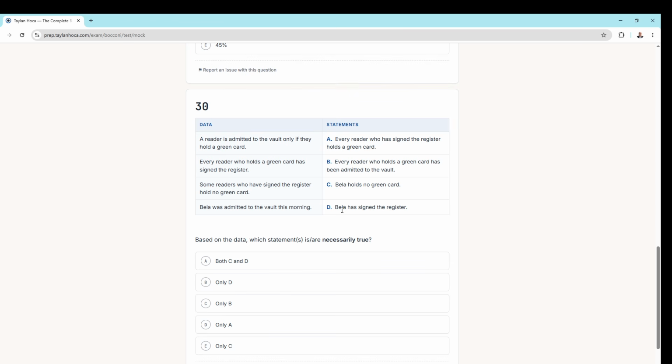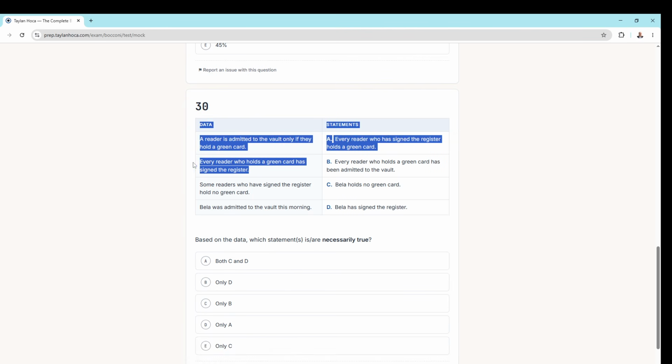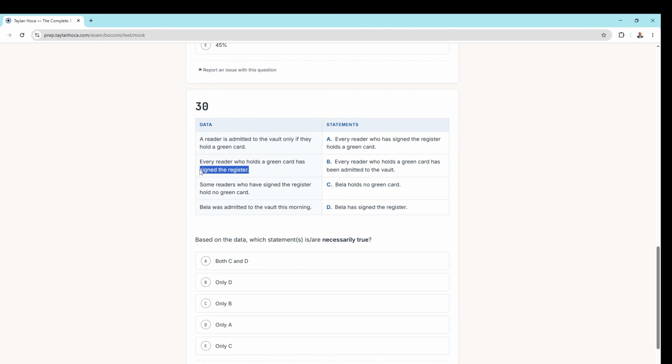Bella has signed the register. So every reader who holds a green card has signed the register. And Bella was admitted to the vault this morning. Okay. And then Bella has a green card. So Bella has signed the register. Only D. Okay. Why not B?